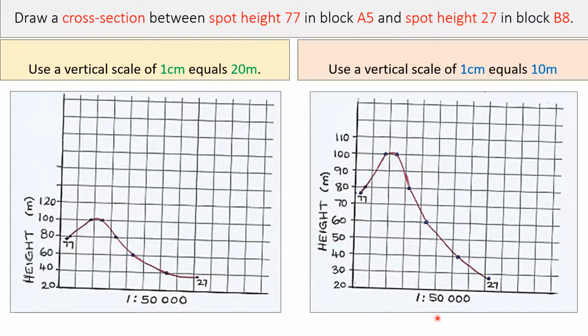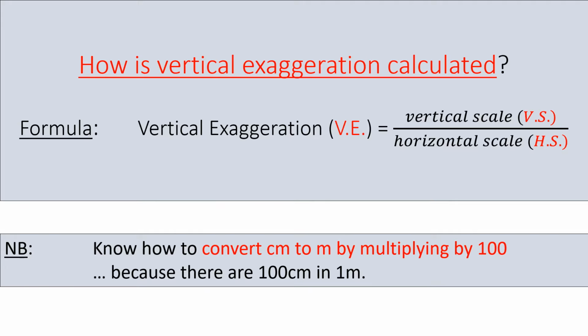So in calculating the vertical exaggeration, we are interested in how many times this scale is larger than 1:50,000, but we are also interested in how many times a scale of 1 centimeter equals 10 meters is larger than a 1:50,000 scale.